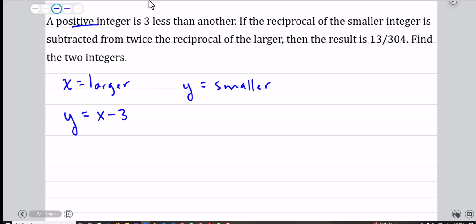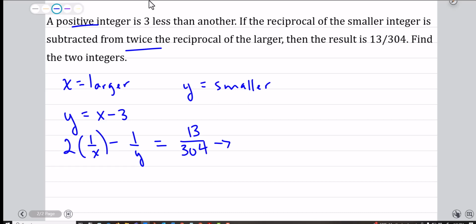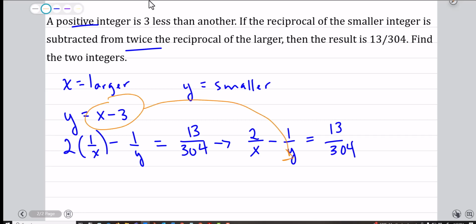And then the second sentence would be twice, 2 times 1 over x, minus 1 over y equals 13 over 304. And we can rewrite the 2 times 1 over x as 2 over x, minus 1 over y equals 13 over 304.